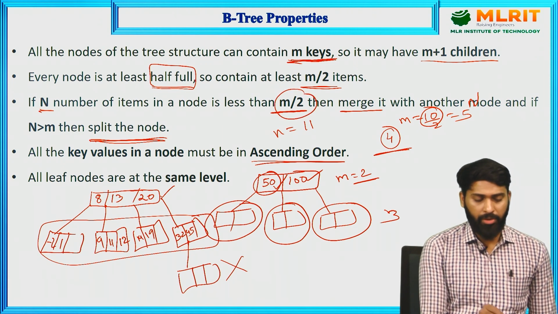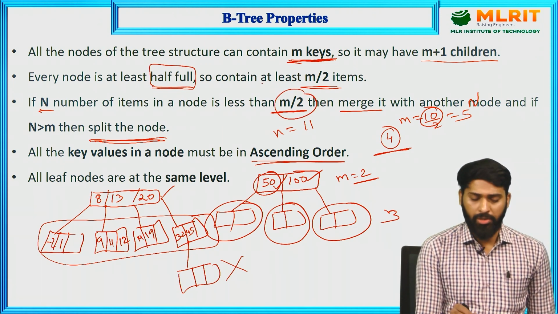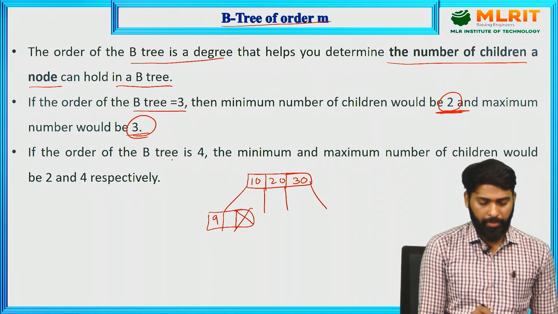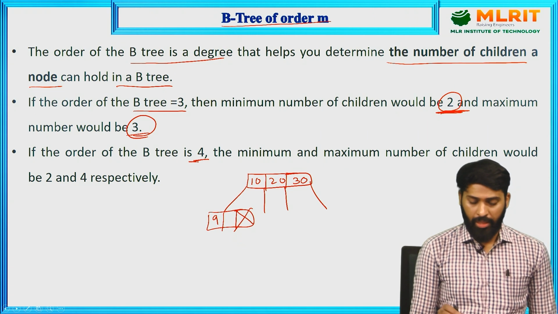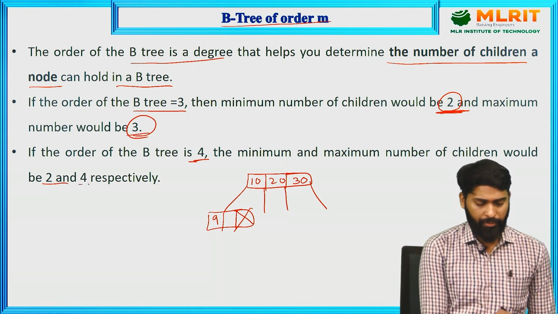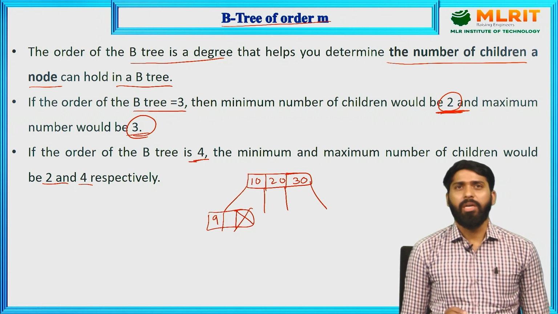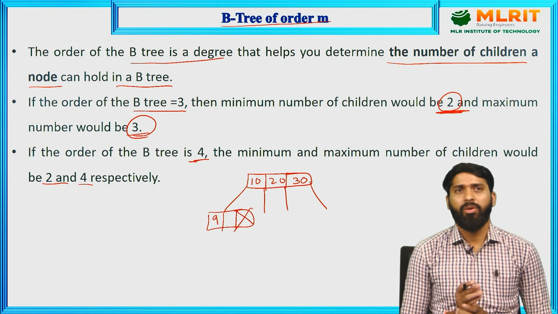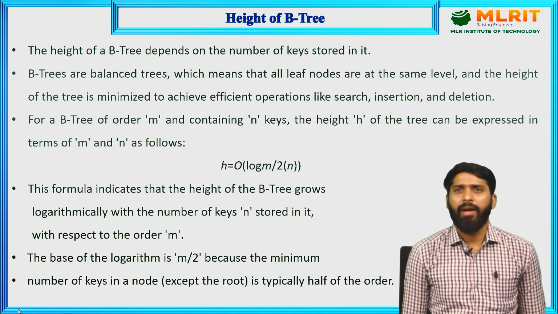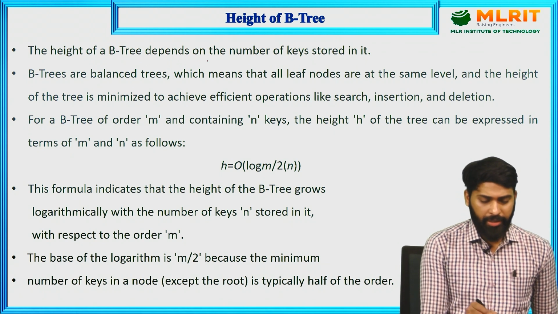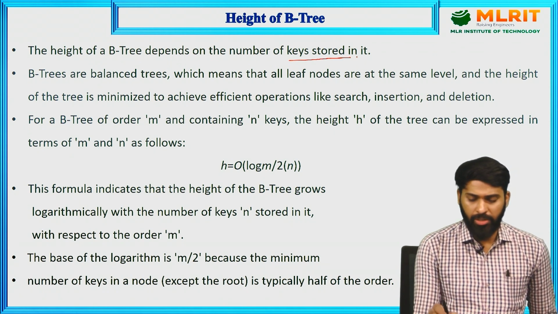So every node is at least half full, so it contains at least m by 2 items. If the order of the B tree is 4, the minimum and maximum number of children would be 2 and 4 respectively. So, B tree of order m means the number of children a node can hold in a B tree. The height of a B tree depends on the number of keys stored in it.